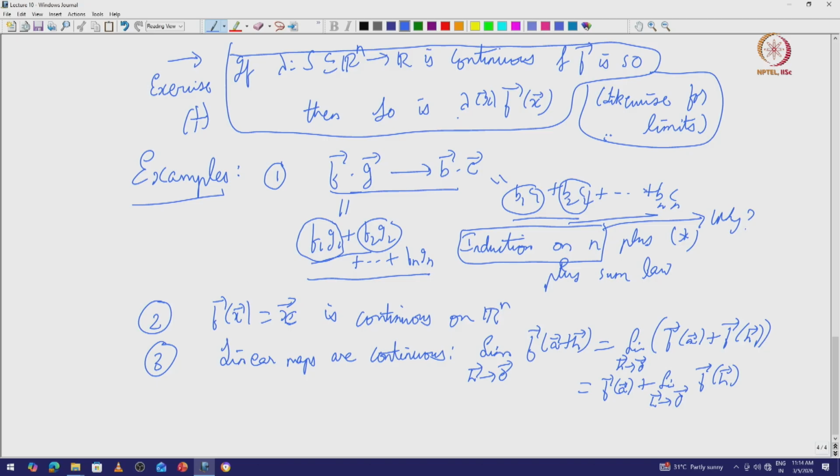Right. So why is this equal to 0? There are a number of ways to do it.